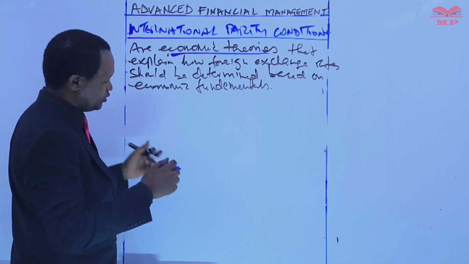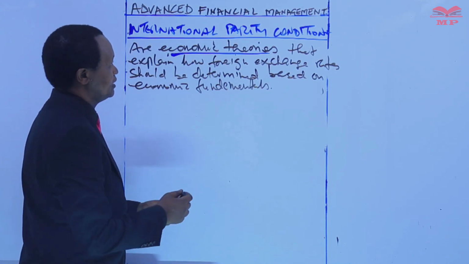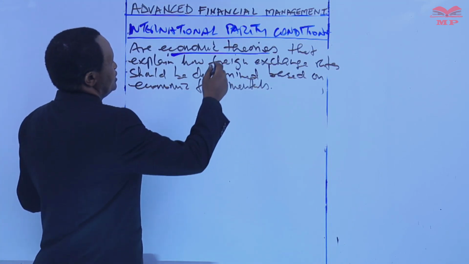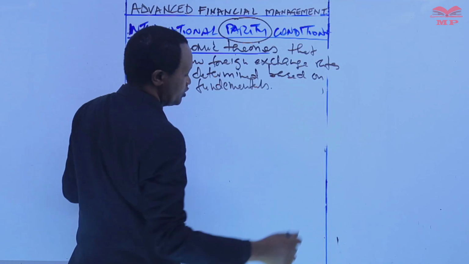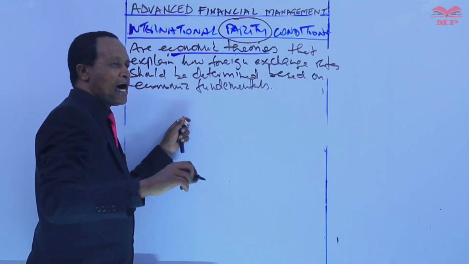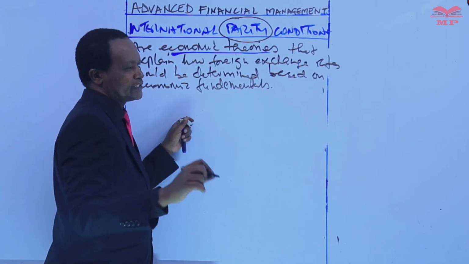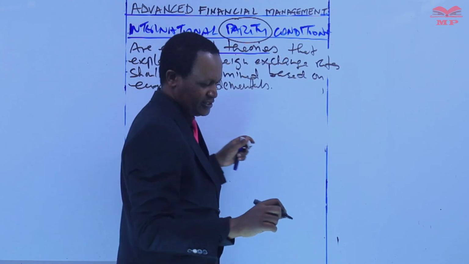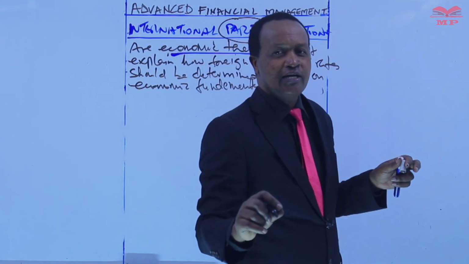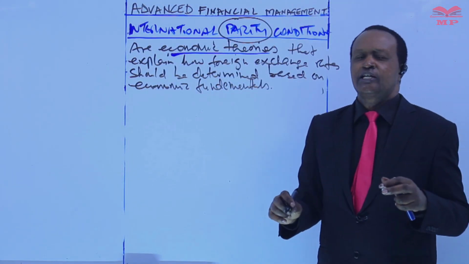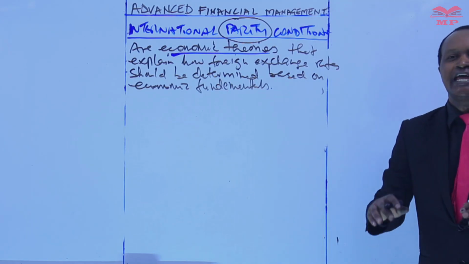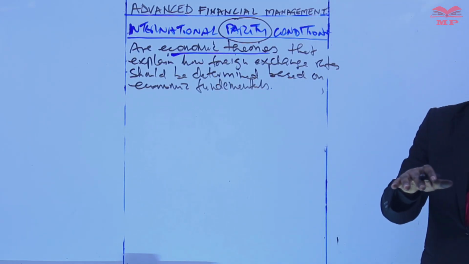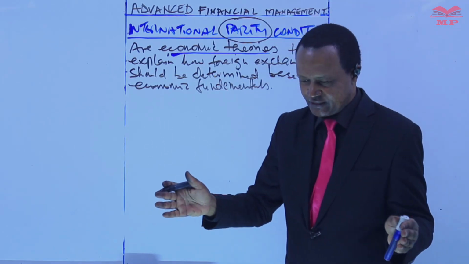And even before we dig deeper, this word parity is derived from the word par, at par. When you say, I am at par with you, parity means equal or sameness.